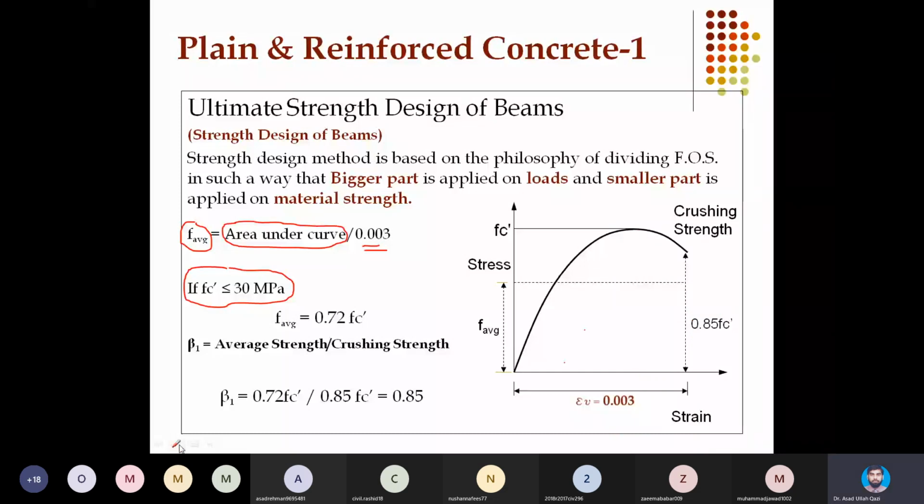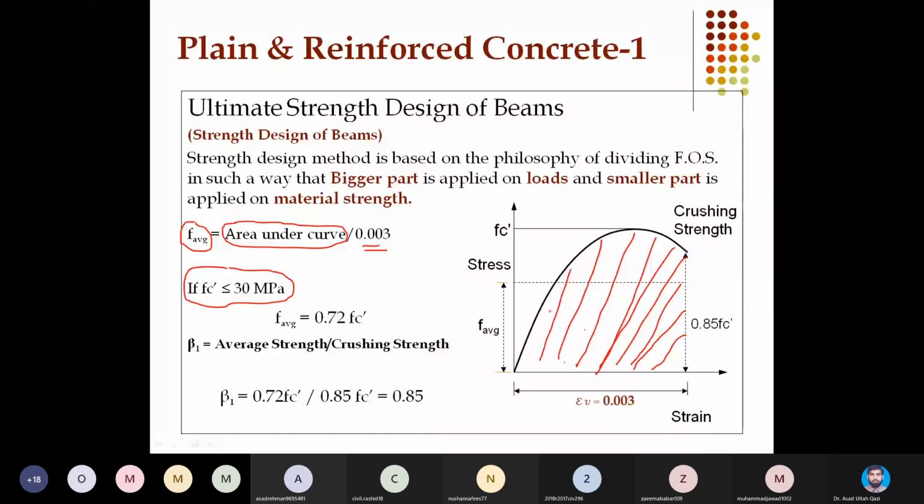So I may say that all this area under the curve, if I divide this with 0.003, it will give me F average, which will be equal to this dotted line.